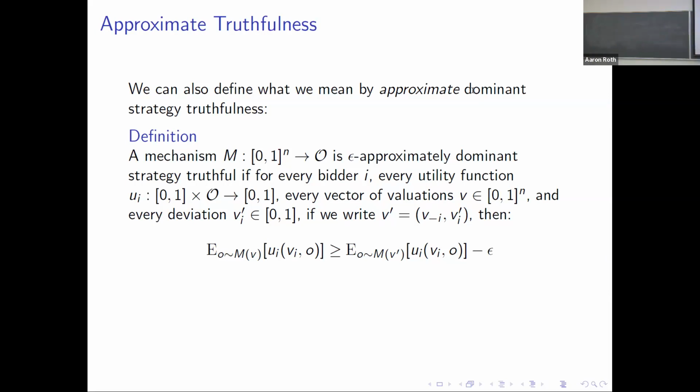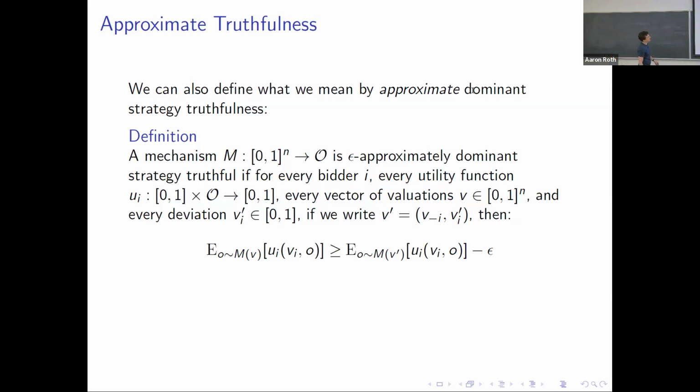then it should be that bidder i's expected utility for telling the truth, and it's an expectation because the outcome is chosen from what might be a randomized mechanism, is at least bidder i's expected utility from deviating, where the outcome is now chosen from the mechanism that had bidder i's misreport entered into it, minus epsilon.